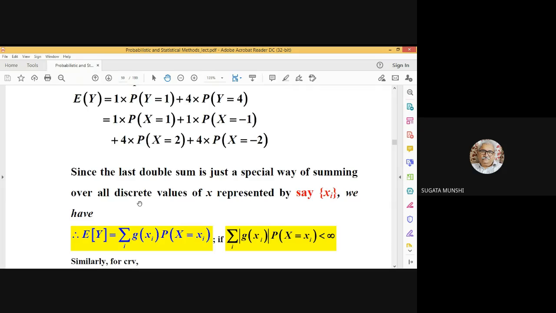So I have proved it for the discrete random variable. In a similar manner, you can also show it for a continuous random variable.